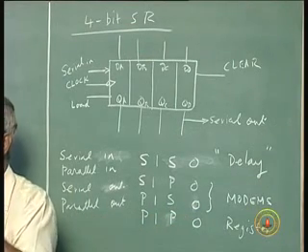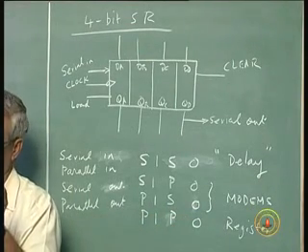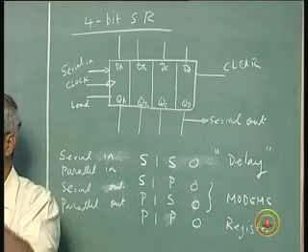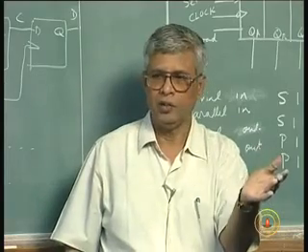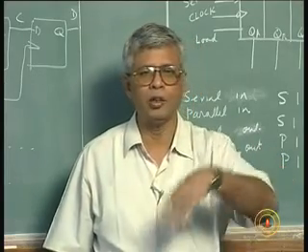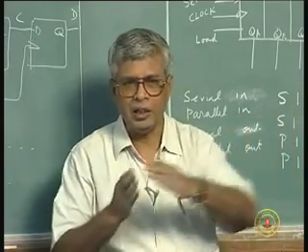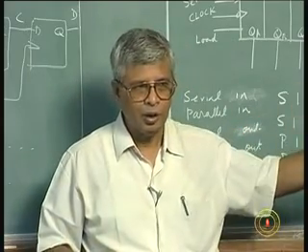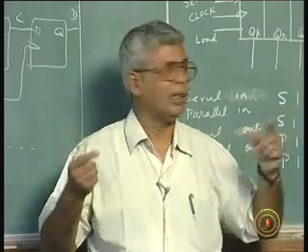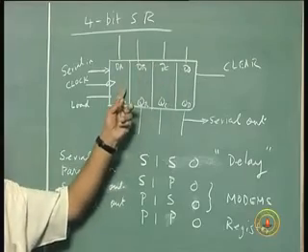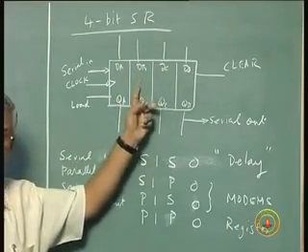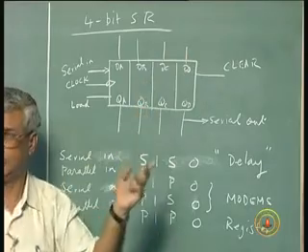It's a very, very powerful device. As I said, it can be used for many things: for storing, for delaying, for converting parallel data into serial, converting serial data into parallel. And I only talked about shifting to the right. By a proper connection, the output of this flip-flop can be connected to the input of this flip-flop, output of this to the input of this.